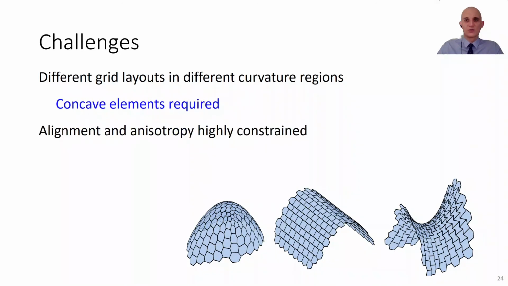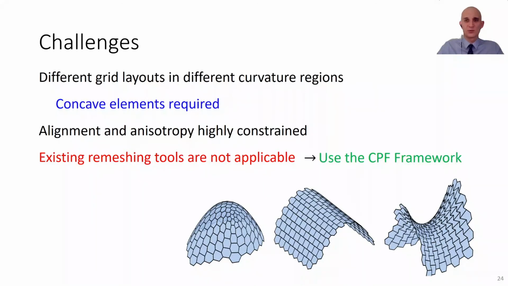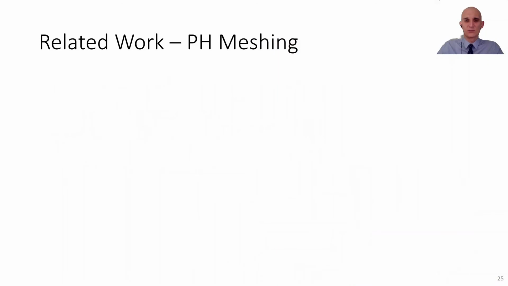Additionally, for the hexagons to be planarizable, alignment and anisotropy are highly constrained, leading to difficult optimization problems. Therefore, since existing standard remeshing pipelines do not generalize to planar hexagonal meshing, we use the CPF framework for this problem. Before we explain our constraints for the CPF framework, let us first discuss some related work.